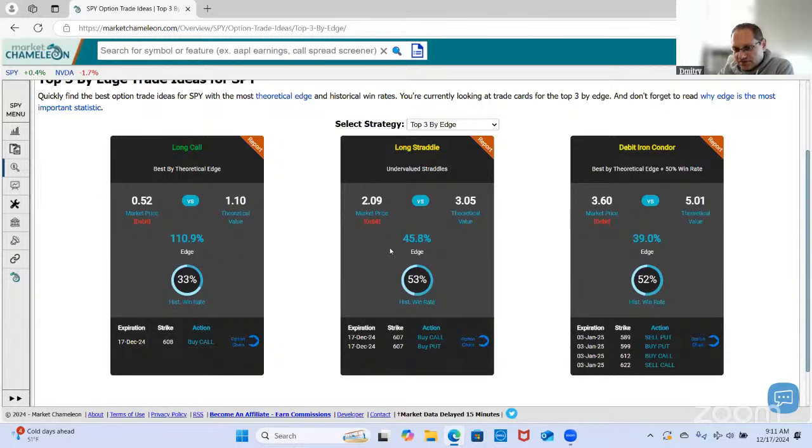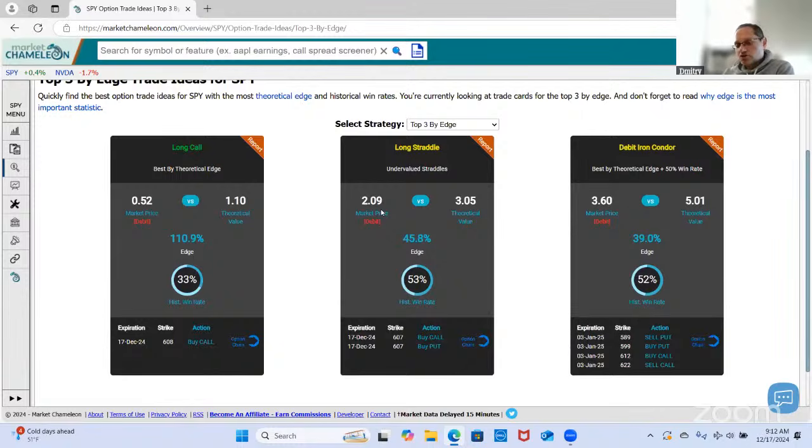Well, that's saying 53%. So in 53% of the observations historically, that 1 day move was enough to make this premium profitable. Okay.